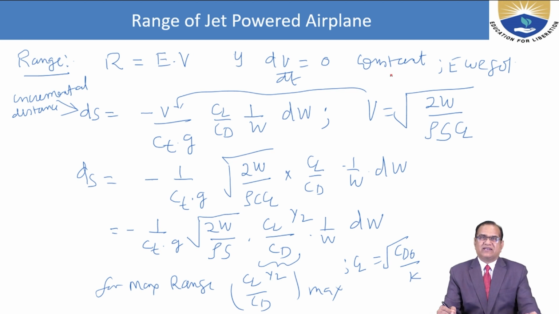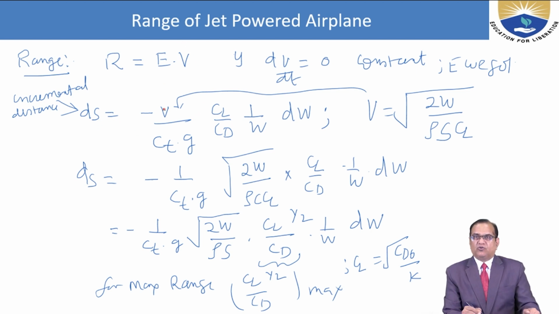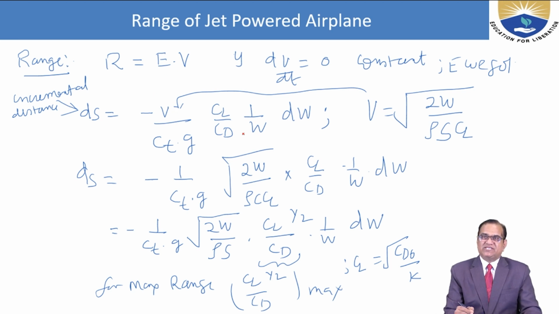So we can write that ds is equal to, we know E is equal to minus V, E is equal to minus 1 by Ct into G, Cl by Cd, 1 by W into dW. And here is the velocity.